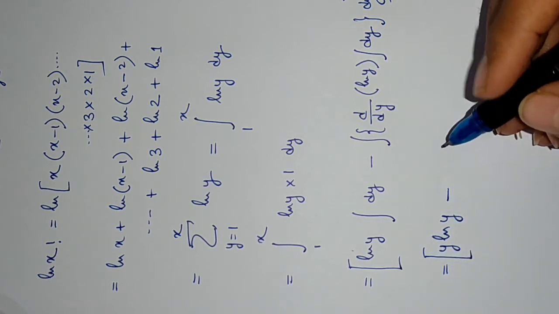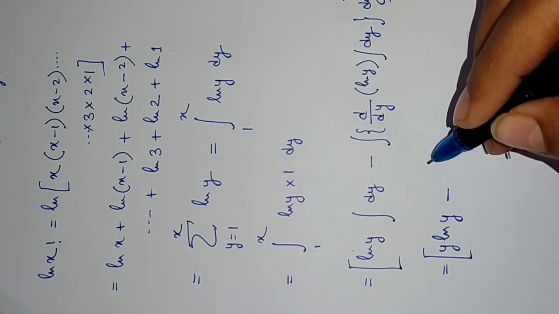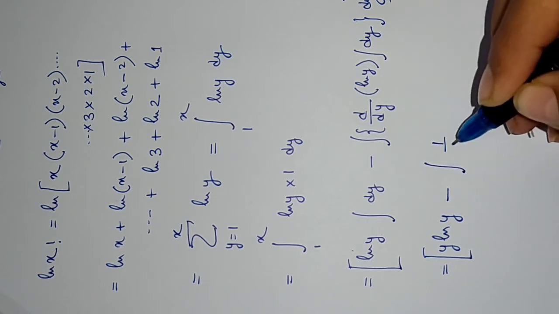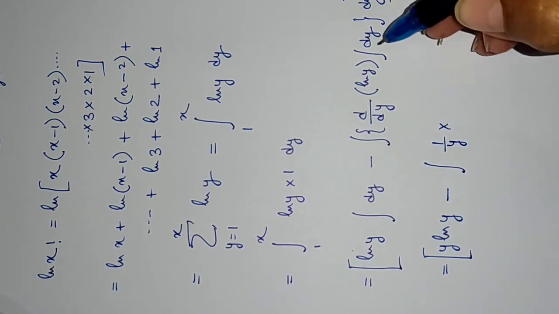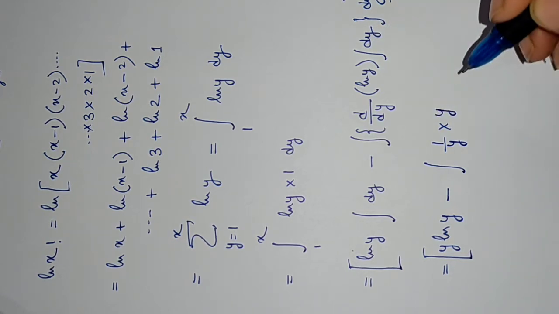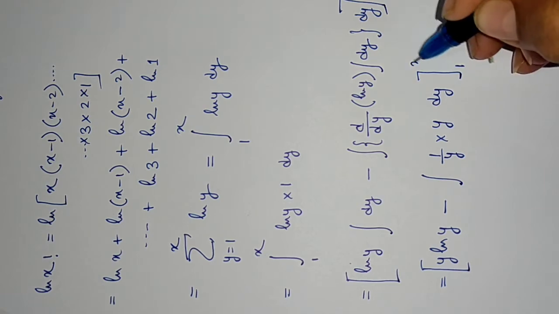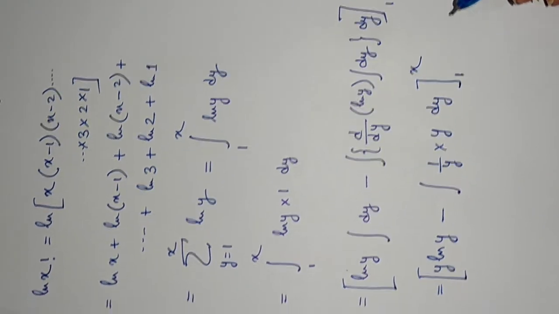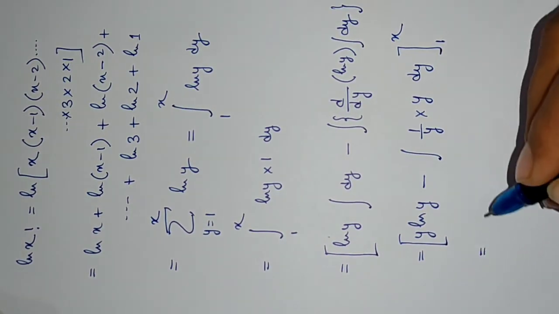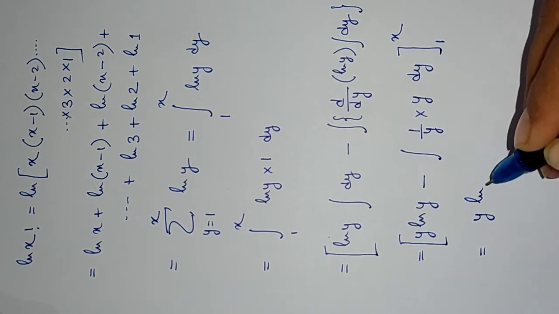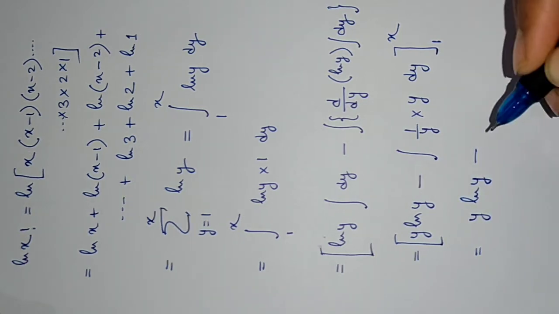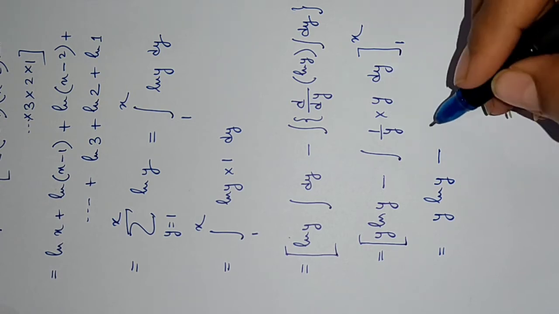The derivative of ln y will be 1 by y, into integration of dy, which is y, and we have dy. We put the limit 1 to x. Next, it will be y ln y minus the integral of dy only.